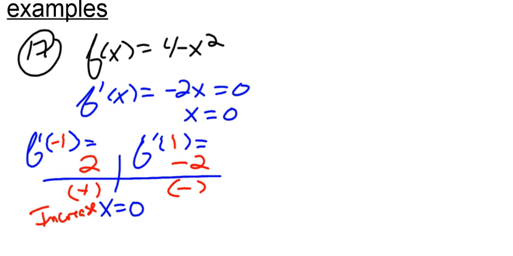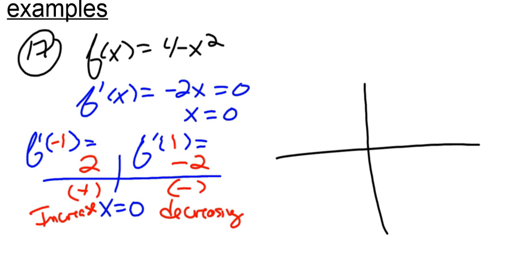So this negative says it's decreasing on this interval. If I want to go ahead and give a quick sketch, I have that at 0, we're going to be turning.